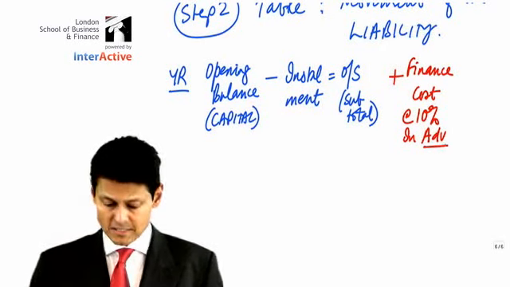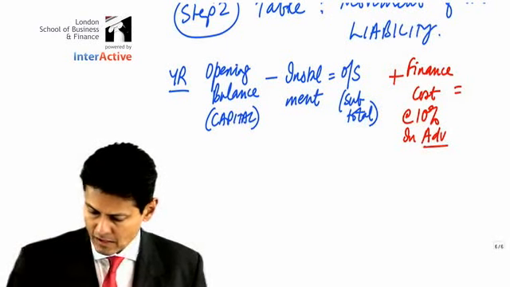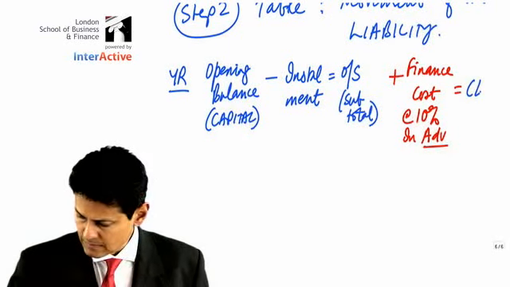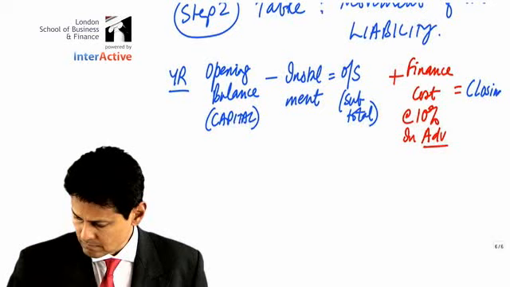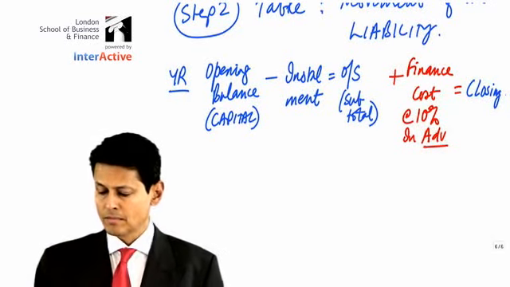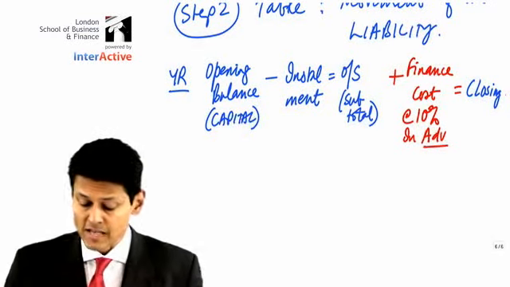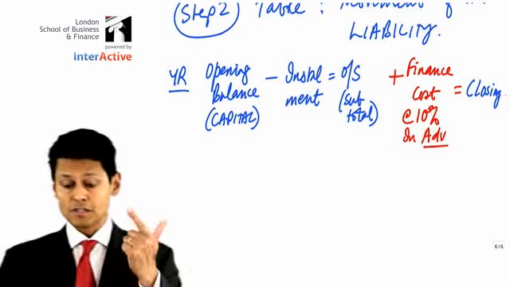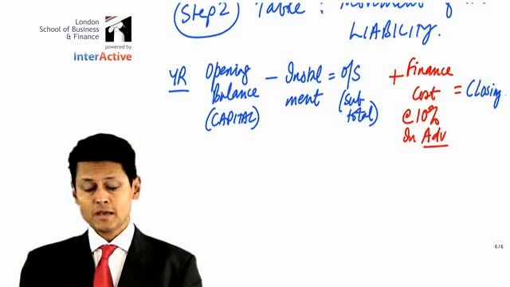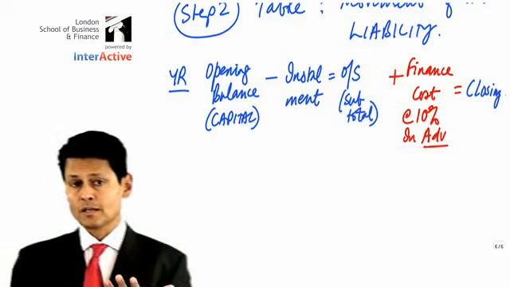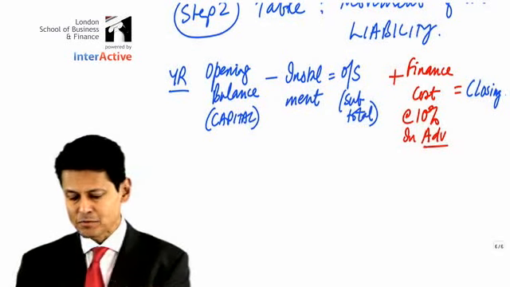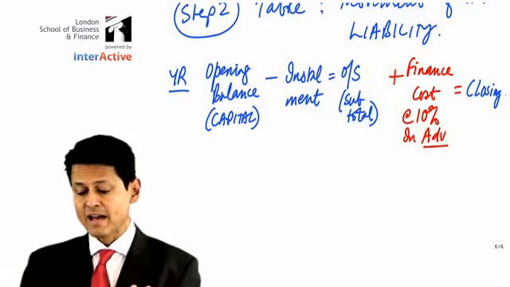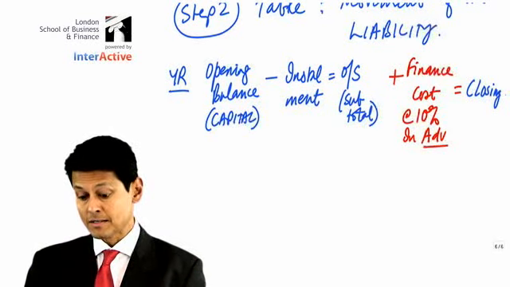Not in arrears, and so you come to the closing balance, which I shall put onto that side. So how many columns is that? The year, the opening balance, the installment, that's 3. If you want to do the outstanding subtotal, I'd request that. It just helps you to hold it together. Then you have the finance cost, and then you have the closing balance.